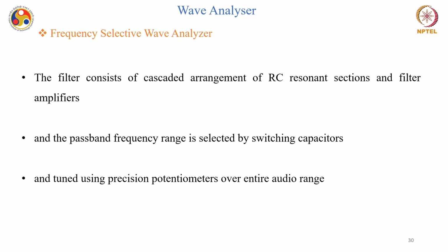The filter that you have just seen, the high Q active filter that I have just mentioned, consists of a cascaded arrangement of RC resonant sections and filter amplifiers. The passband frequency range is selected by switching the capacitors and tuned using precision potentiometers over the entire audio range, because you are targeting 20 Hz to 20 kilohertz.